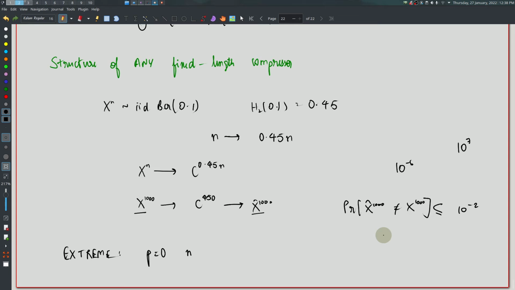Correct. So not even 1 bit is required, because the assumption here is that both the encoder and the decoder know p and you know n. So what you can do is the encoder sends nothing at all. The decoder knows p, he knows n, so all he has to do is output a sequence of all zeros of length n.